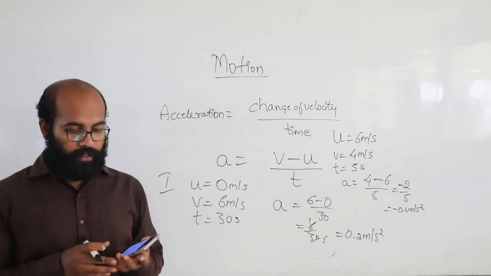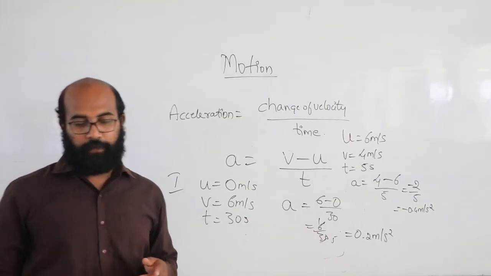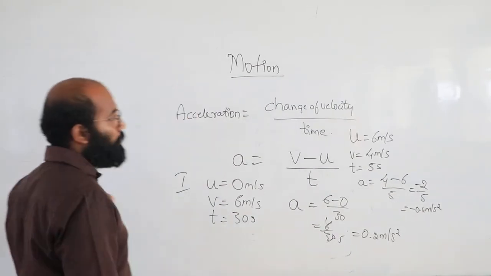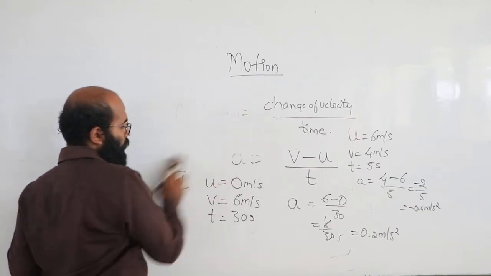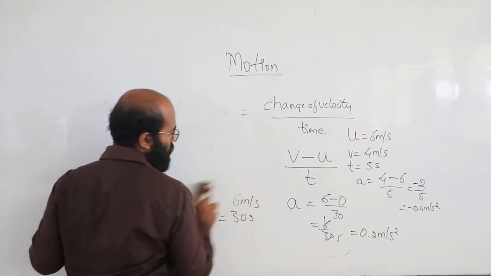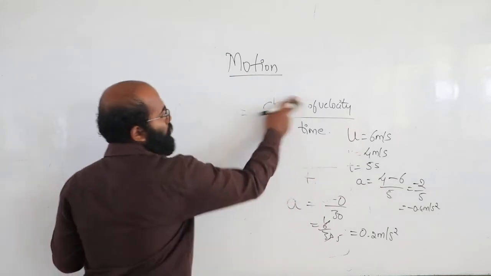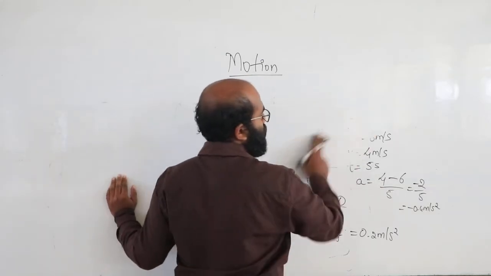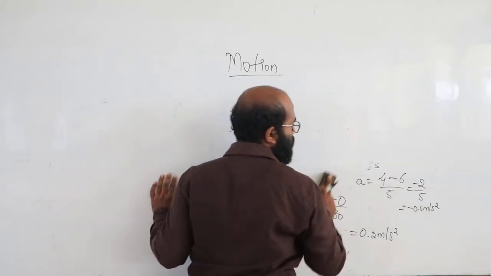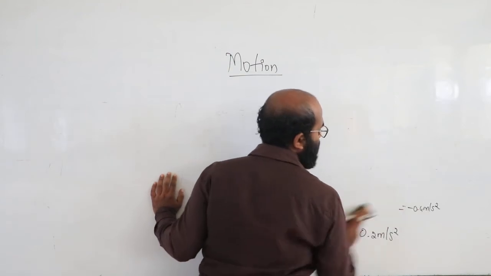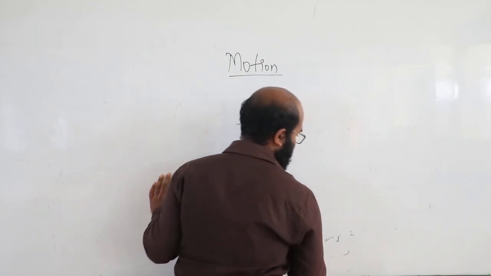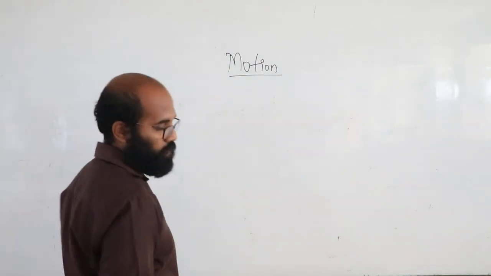Next, we have graphical representation. In the previous classes, I discussed uniform motion and non-uniform motion. Here we will represent this in a graph and say whether it is traveling in uniform motion or non-uniform motion.